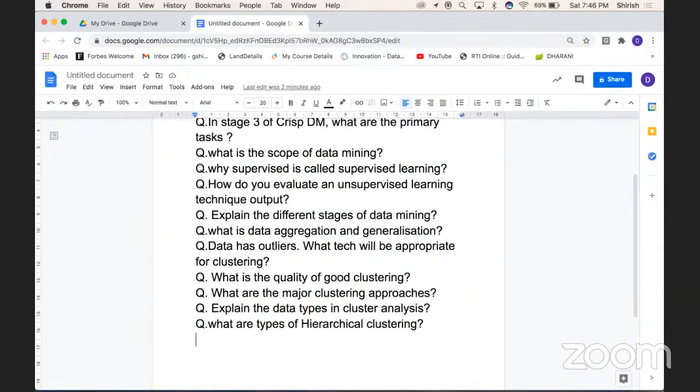Then what would be the difference between hierarchical and non-hierarchical? Yeah, explain the differences. Hierarchical, yes, you have the top-down approach and the bottom-up approach. The other names would be agglomerative and divisive.